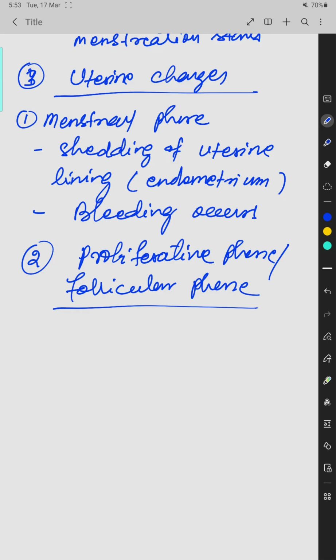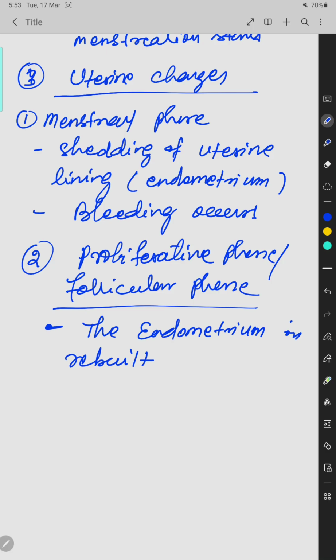Because during this phase the uterine membrane, that is endometrium, is proliferating, or rebuilt, and it thickens. Now what are the events? The endometrium is rebuilt because it was shed in the previous cycle during menstruation. Now it is rebuilt and thickens.